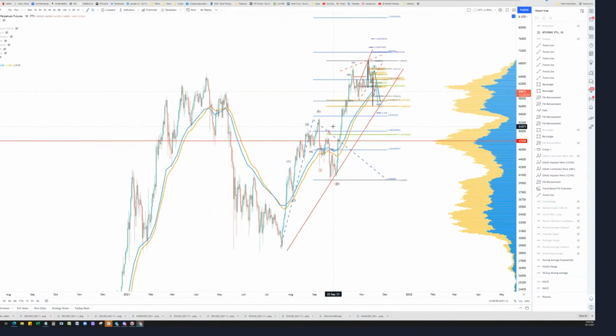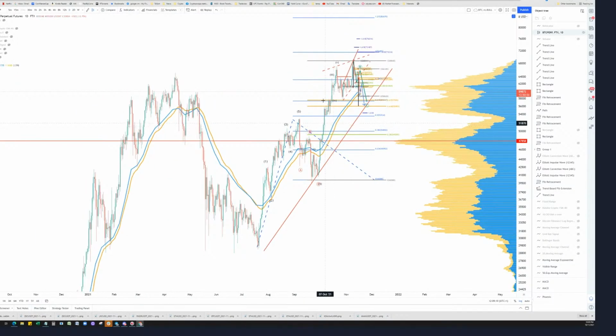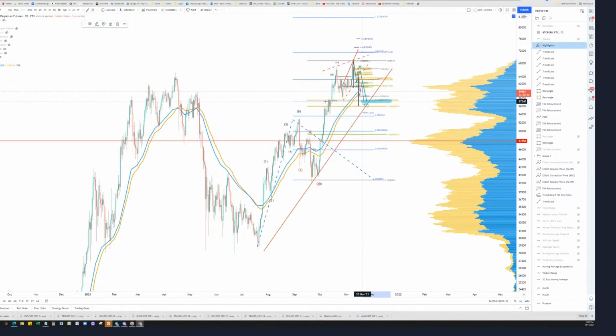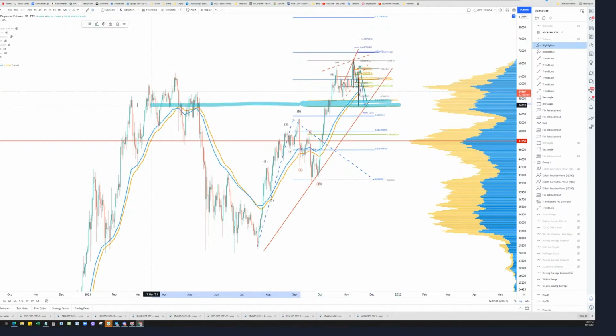Just looking back from a distance, you can see how this level here is really nice, a nice support area. And you can see it all along the way. It's just strong. It looks very strong. Historically, what we had here, like you can see here, support, resistance, resistance, support.